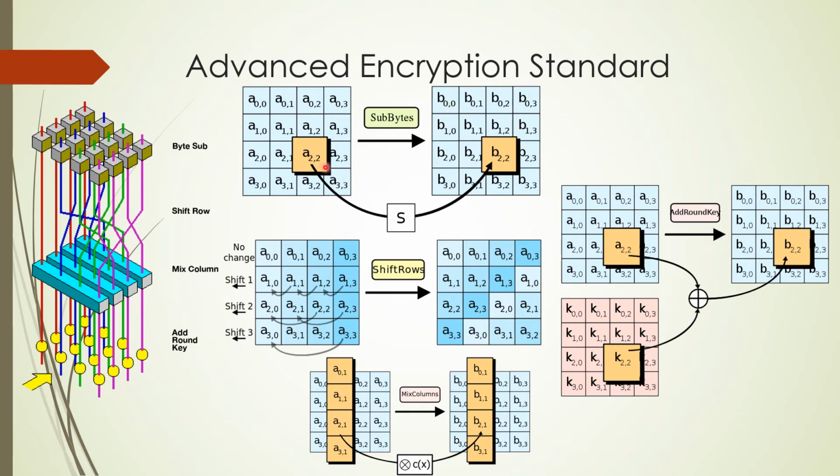Each a_ij is mapped to its corresponding b_ij using a function, shown here by S, but this function is the multiplicative inverse of a_ij. So b_ij is the multiplicative inverse of a_ij.